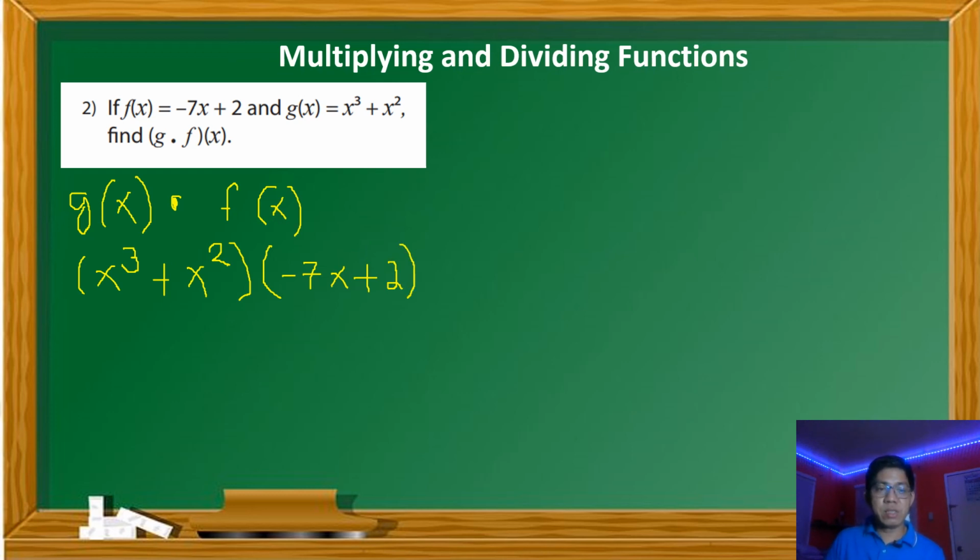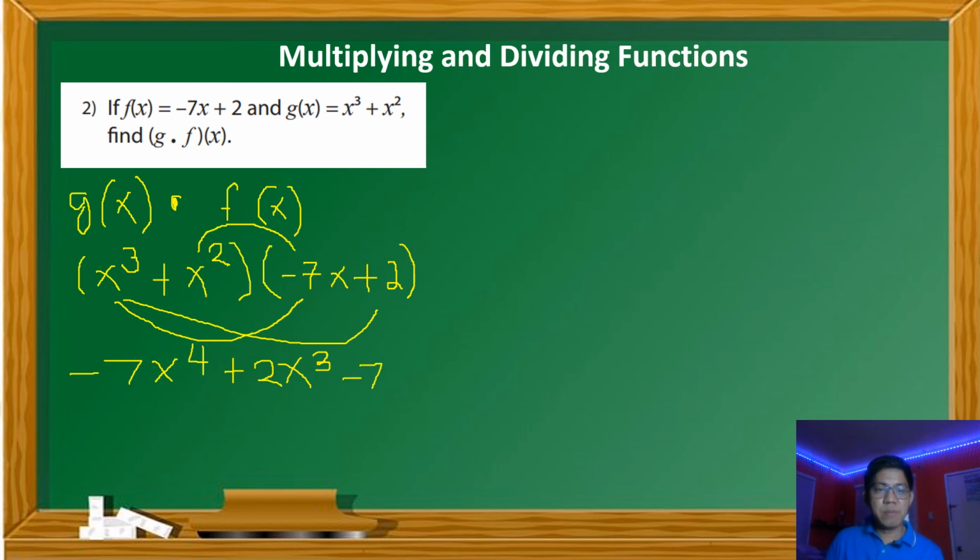So, we have x cubed times negative 7x is negative 7x to the 4th. Then, x cubed times 2, we have positive 2x cubed. Then, x squared times negative 7x is negative 7x cubed.